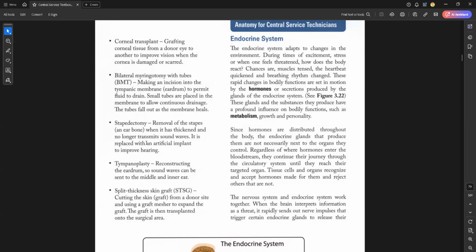It's very, very interesting. These rapid changes in body functions are set in motion by the hormones, or secretions, produced by the glands of the endocrine system. These glands and the substances they produce have a profound influence on bodily function, such as metabolism, growth, and personality.